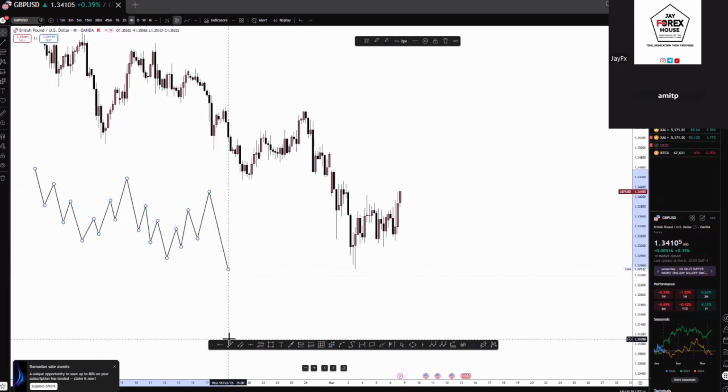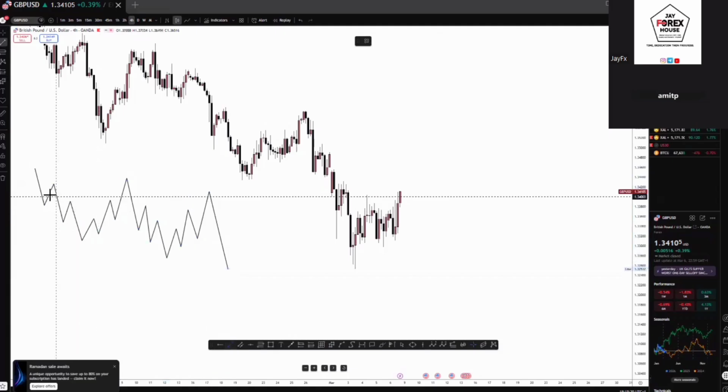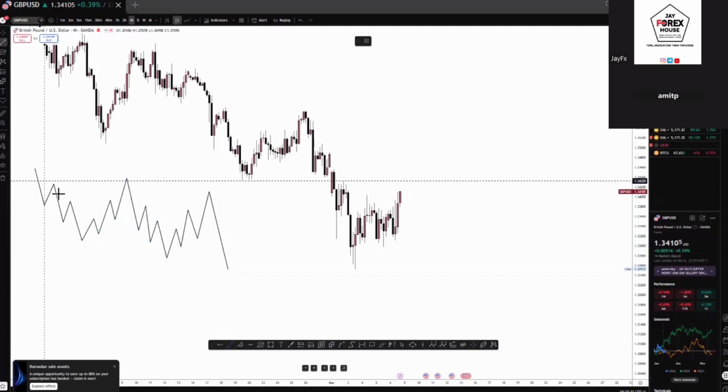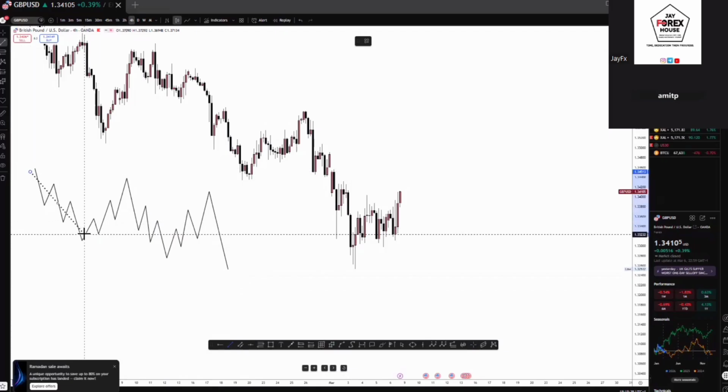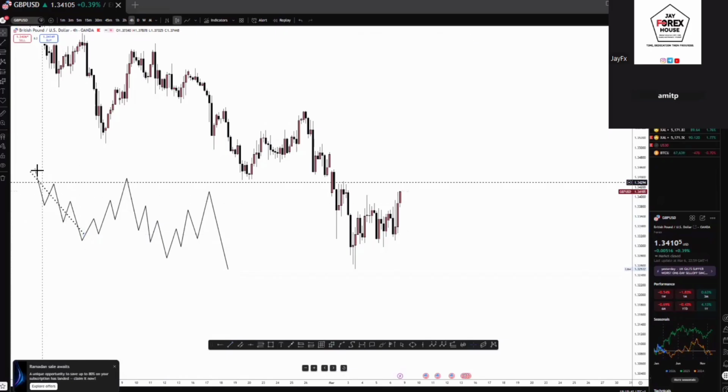If you notice from my chart, this range from this high to this low had multiple lows and highs internally, that is within this particular range.